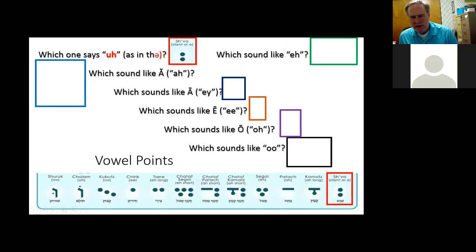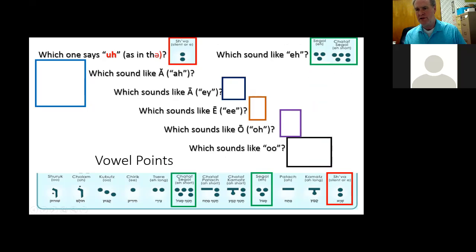It's almost not pronounced, like the "a" in "the," very, very short. The word melech, for example, has a schwa in it.